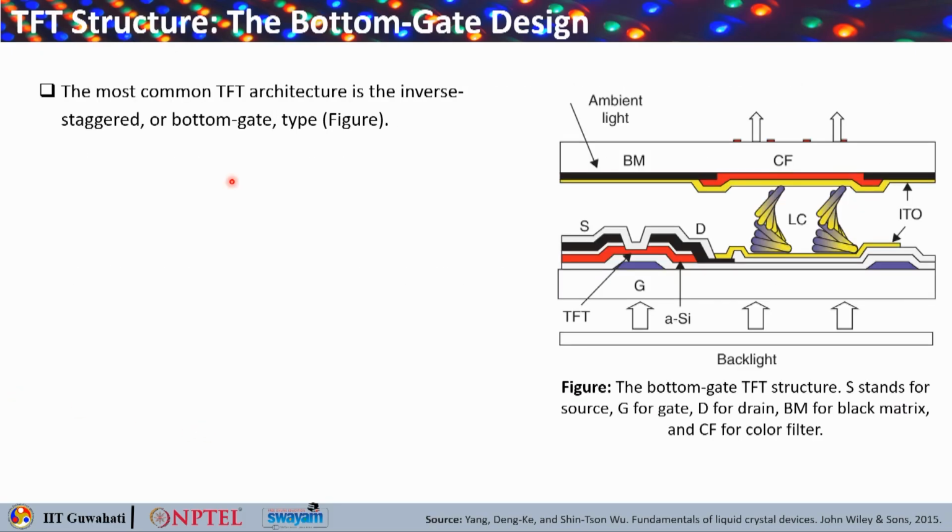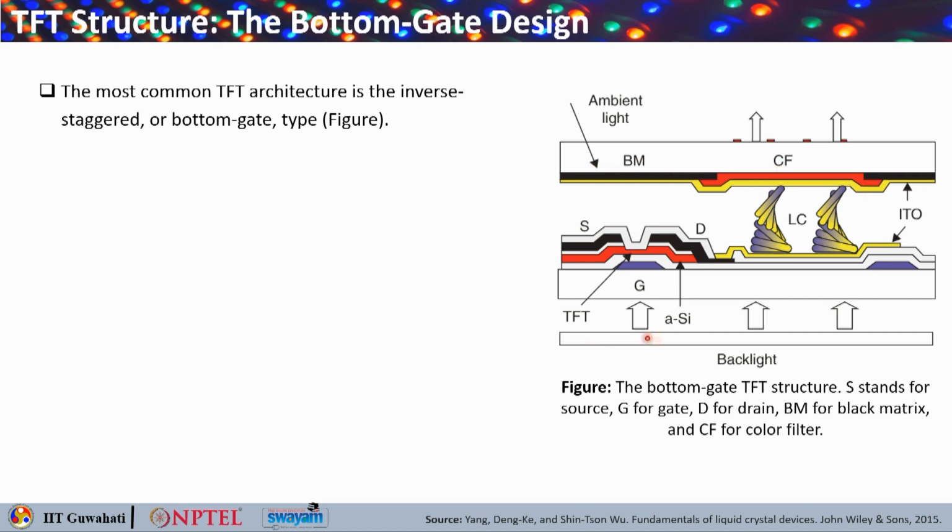Here we'll see the most common TFT architecture, the inverse staggered or bottom gate type. This is the bottom gate TFT structure. Here S stands for source, G for gate, D for drain, BM is the black matrix and CF is the color filter.